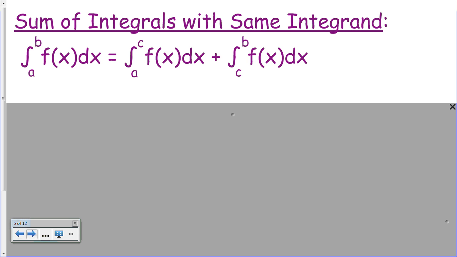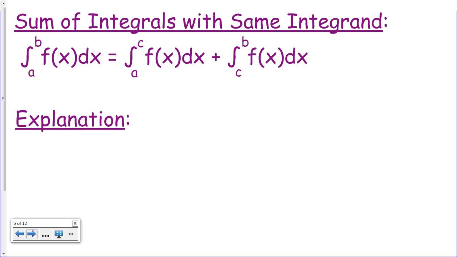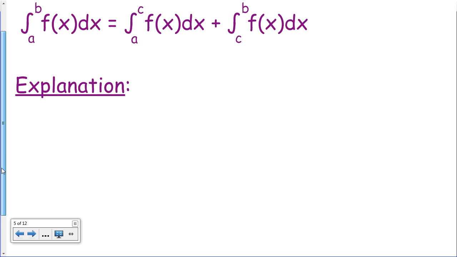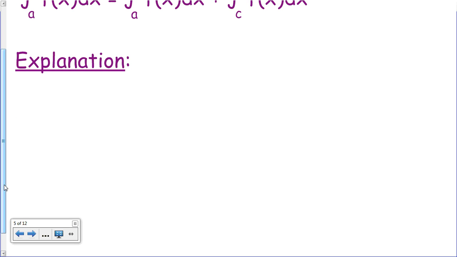Like you might split it up into a triangle and a rectangle, and then find the area of each individual part and add those pieces together. And that's really what we have going on here. In other words, let me illustrate that for you.